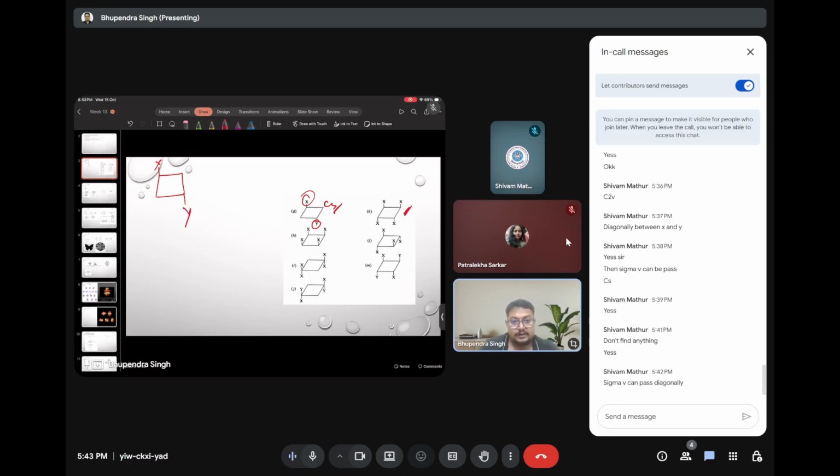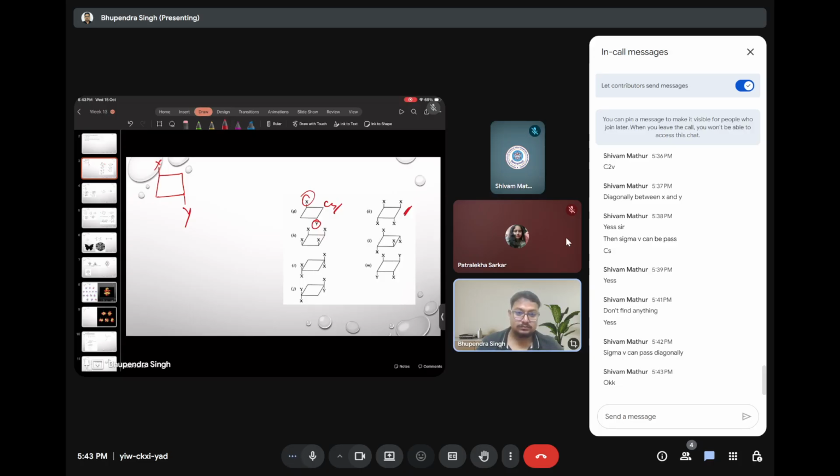This molecule looks very easy, but it is not very easy. Cs means the E symmetry operation and sigma h, where this sigma h contains your molecule. Whatever you are saying, that it passes diagonally, will not contain your molecule.